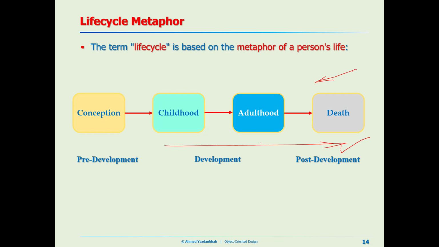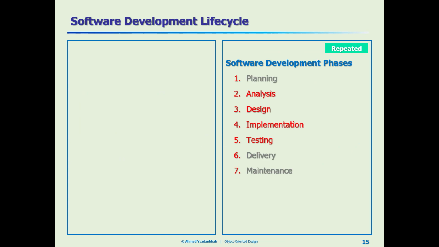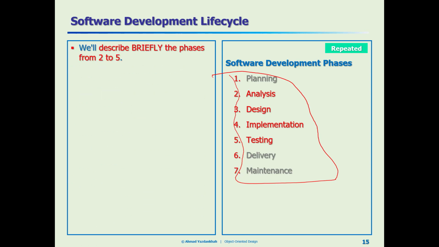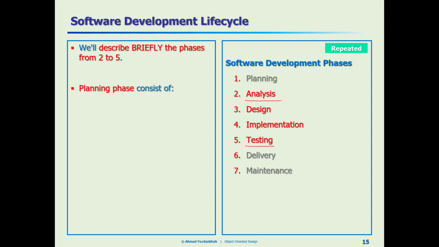Okay. So let's see which ones I'm going to cover in this course. These are the 7 I repeated here, and we will cover 2 to 5, so from analysis to testing. Planning is actually a very important part, but it is beyond the scope of this course.